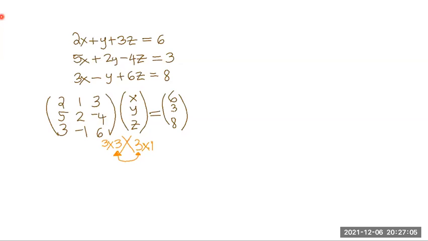Okay. Second one. 5x plus 2y minus 4z equals 3. And the third. 3x minus y plus 6z equals 8.